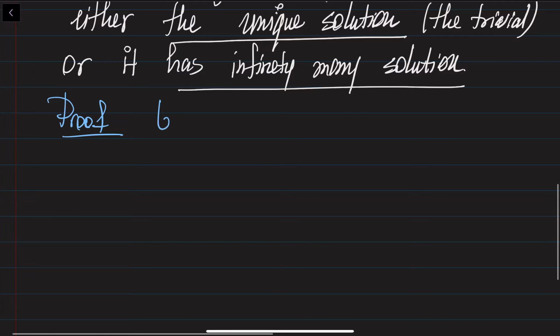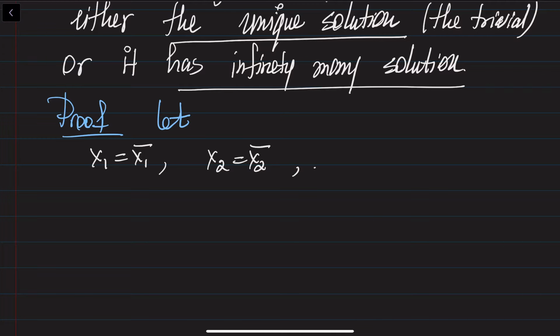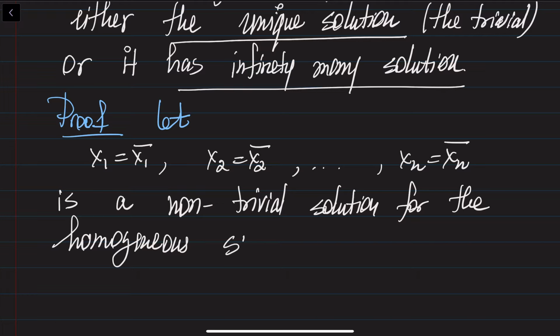So let's assume, so let x1 is equal to x1 bar, x2 is equal to x2 bar, and so on, xn is equal to xn bar be a non-trivial solution for the homogeneous system of linear equations.